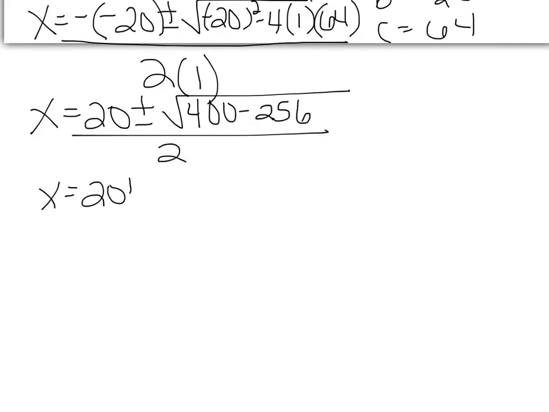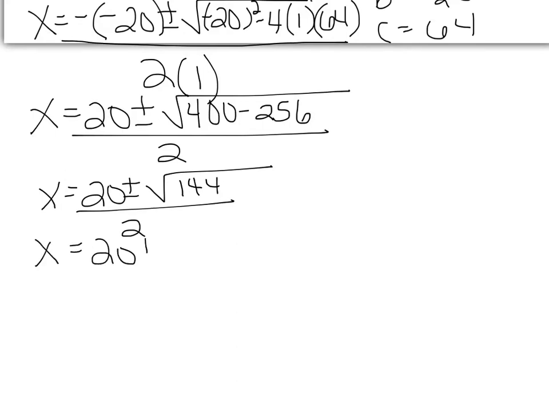X is equal to 20 plus or minus the square root. 400 minus 256 is 144 over 2. 20 plus or minus the square root of 144 is 12 over 2.